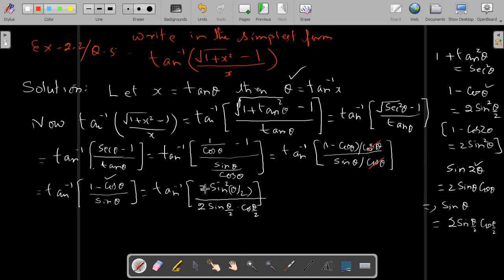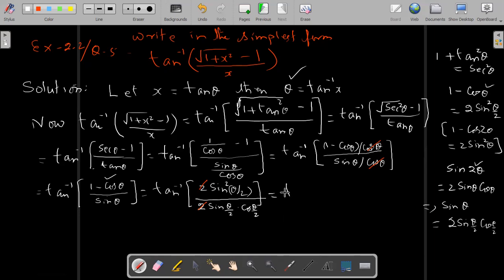Okay. So now this 2 and 2 will cancel, and sine square theta by 2 will cancel with one sine theta by 2.